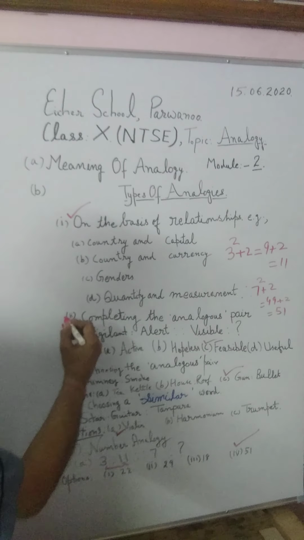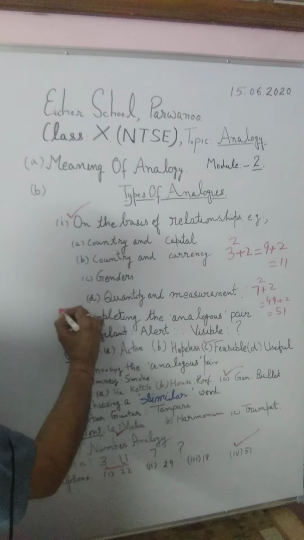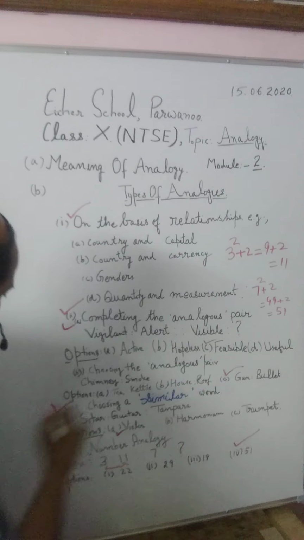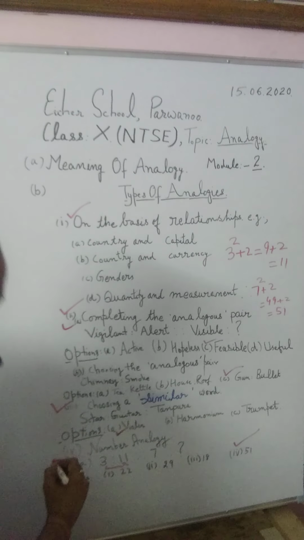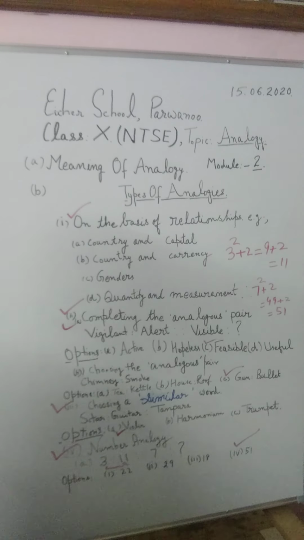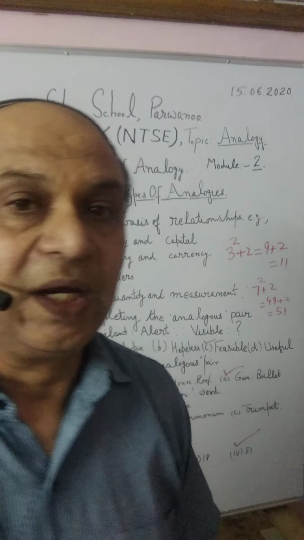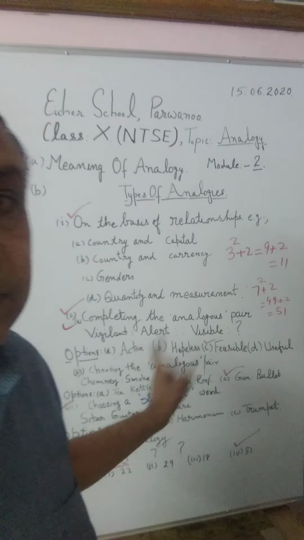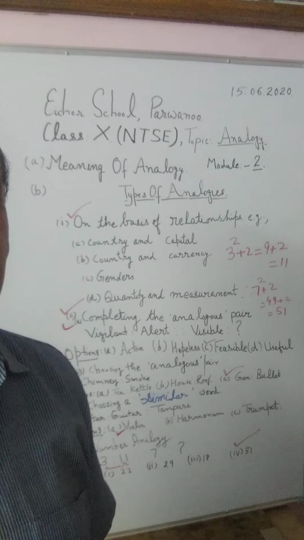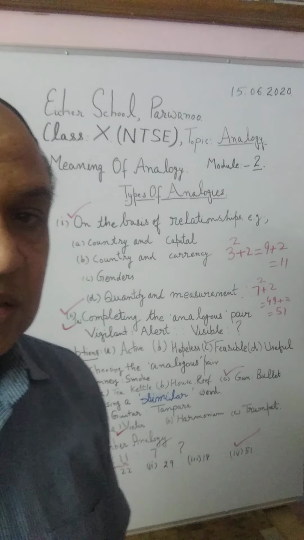Number two, completing the analogous pair. And then number three is choosing a similar word. And number four is number analogy. So we should go through them very carefully while solving our assignments. Dear students, today I will give you assignments based on these topics, and these topics are important for our study.